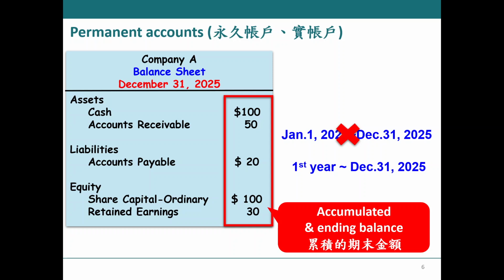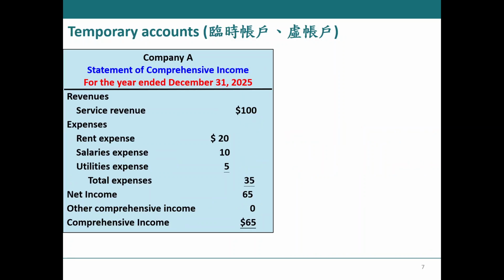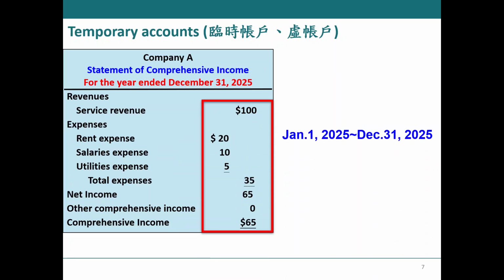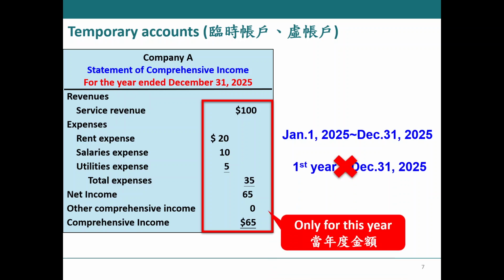But when we talk about revenue, expenses, dividends, we talk about the profit, they're only for 1 year. So what does it mean for the 100? It means this year, your company sell the product, provide the services, you earn the revenue from customers only $100 this year. So they are different.